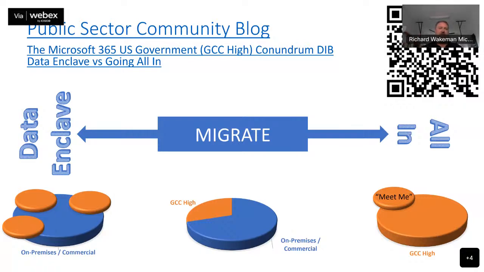So you'll see many of the DIB primes have shifted from left to right, where they initially would have enclaves set up and would ultimately migrate and establish an enterprise foothold within GCC High, until such time that they may decide to go all into GCC High for their enterprise.